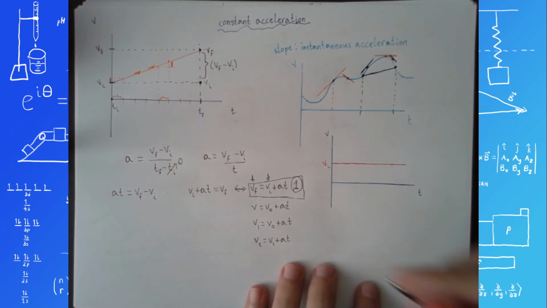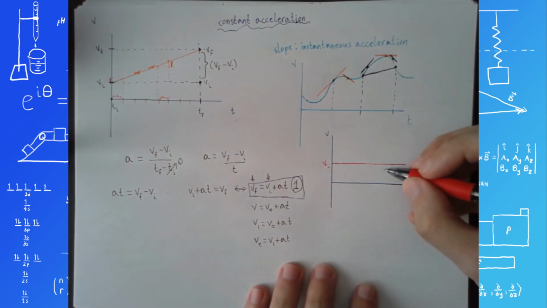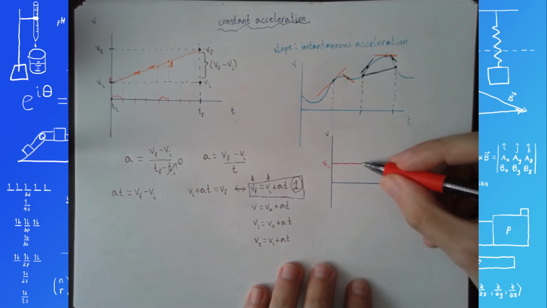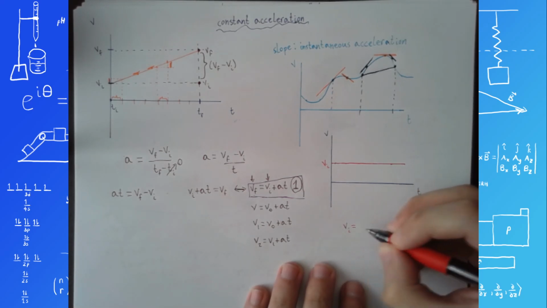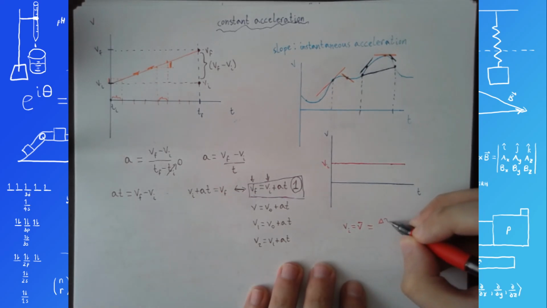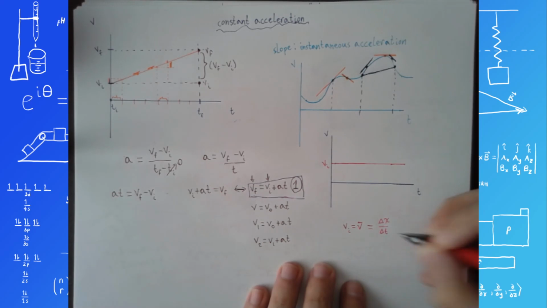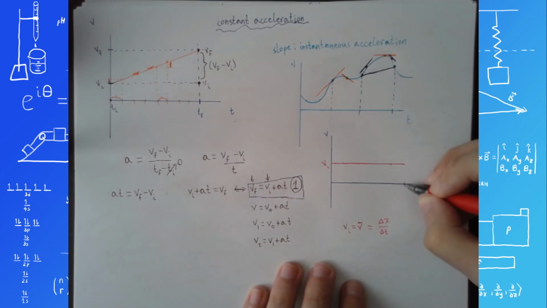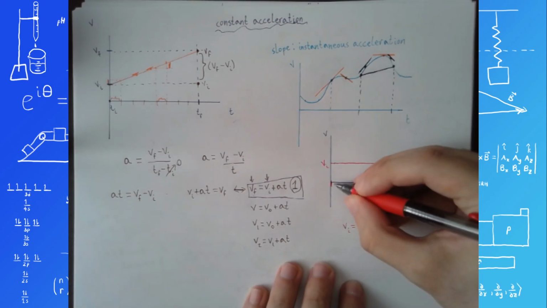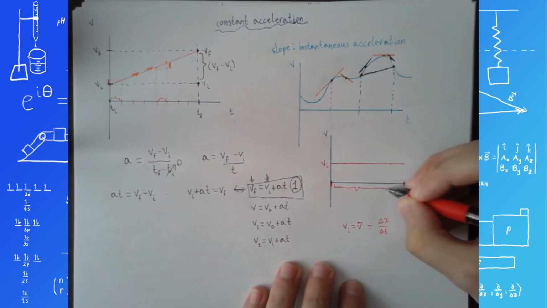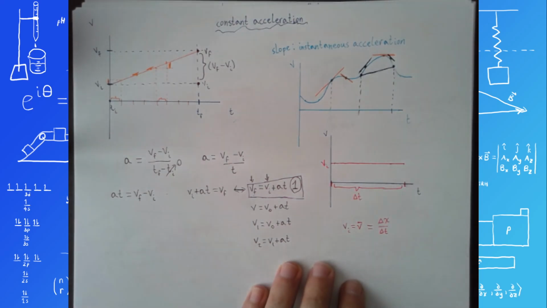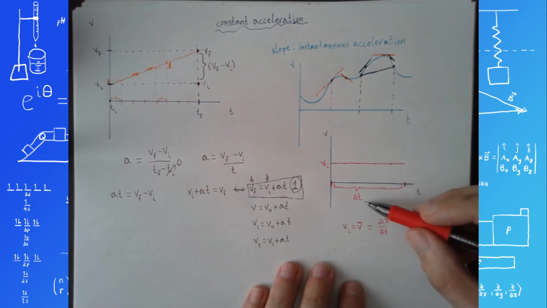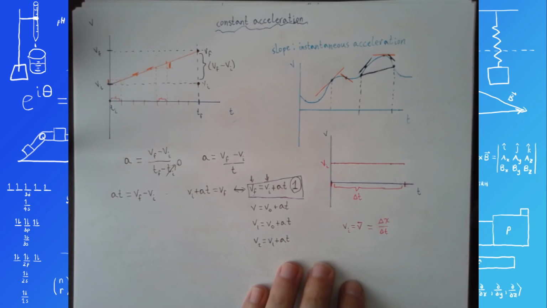Well, that's pretty easy. If my velocity is constant, then my average velocity is the only velocity I have. So I would just go v initial equals my average velocity equals total displacement over total time, and the total time would just be whatever this gap is. That's going to be delta t, t final minus t initial. If t initial is 0, then t final minus 0 equals t.